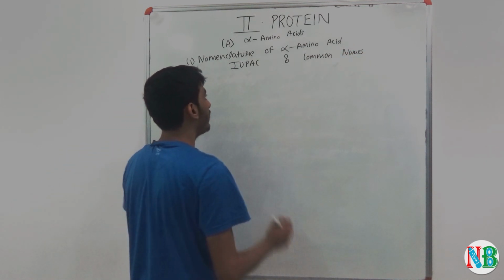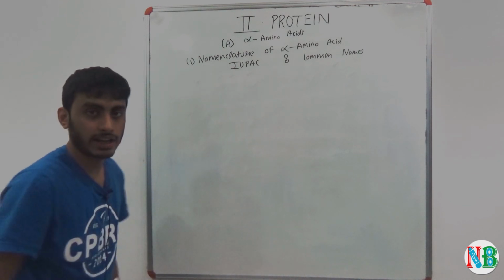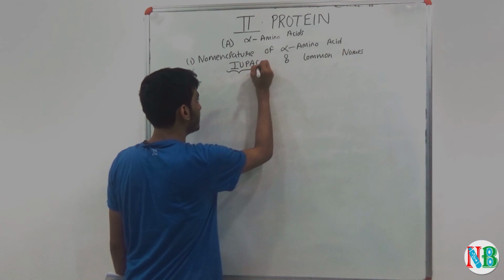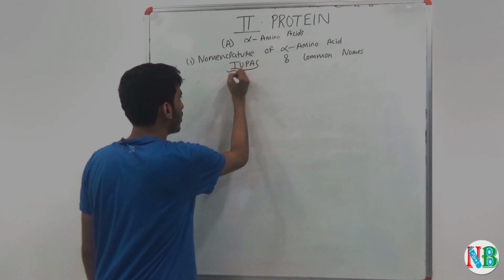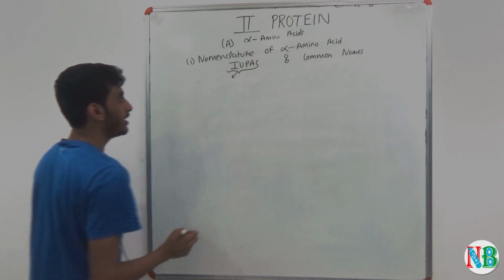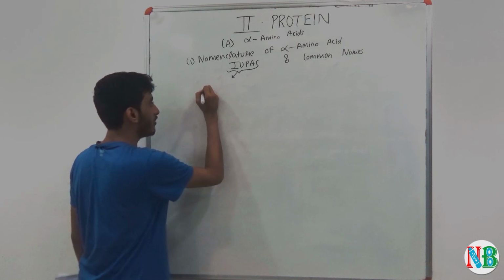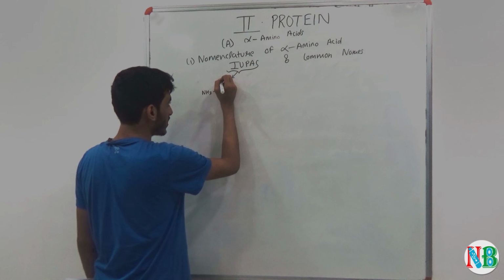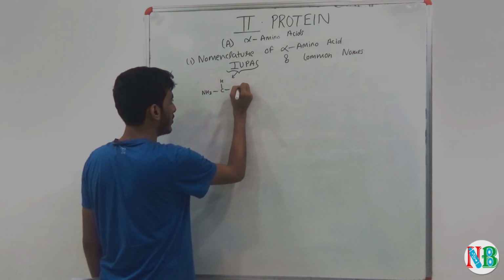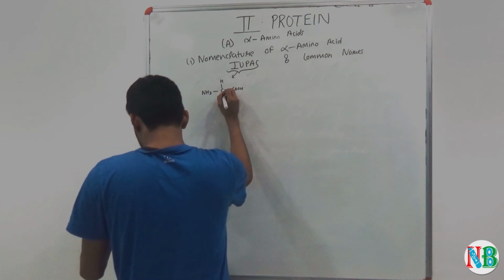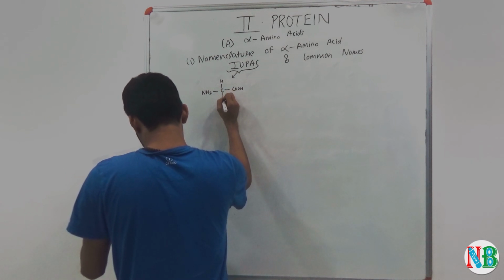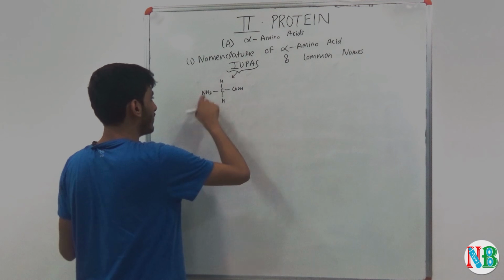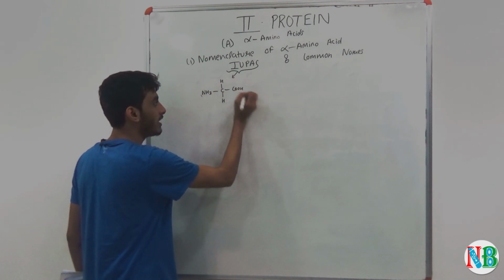We have learned every rule and property of the IUPAC system. So if you have to name any alpha amino acid, suppose you have an alpha amino acid like this: NH2, C, H, C double bond OH, and H. You have two hydrogens, one amino group and one acid group.